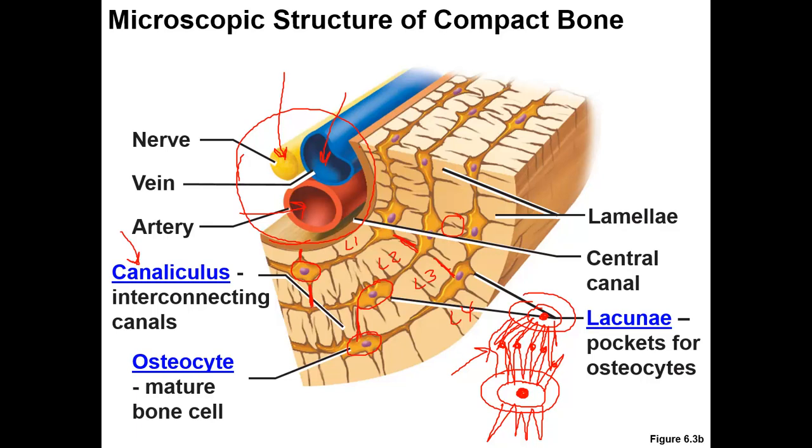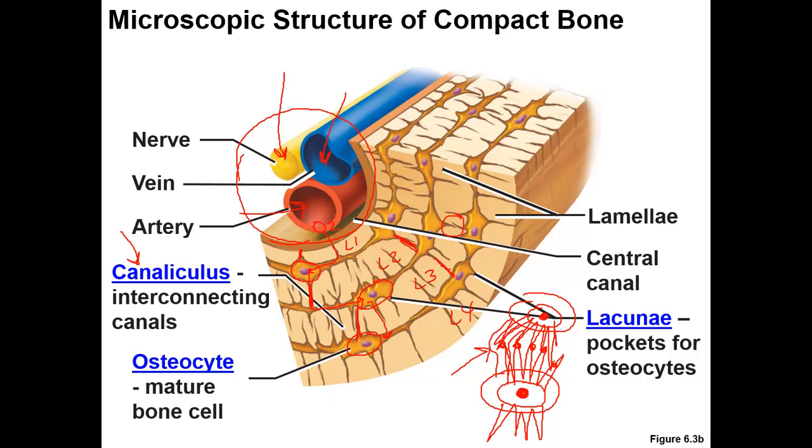So if you wanted to get some oxygen from here, the oxygen would go through a canaliculus, through the lamella, and get to this cell. And then oxygen could diffuse through a canaliculus, through the lamella, to get to this cell. And then it could diffuse through the canaliculus to get through the lamella to get to this cell.